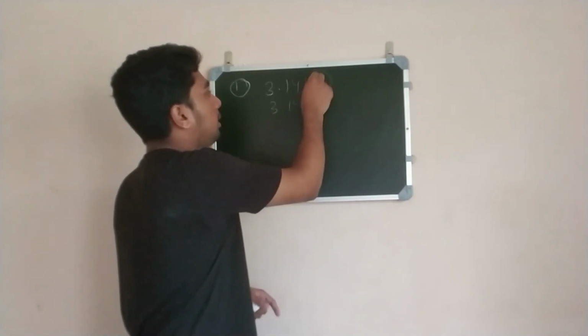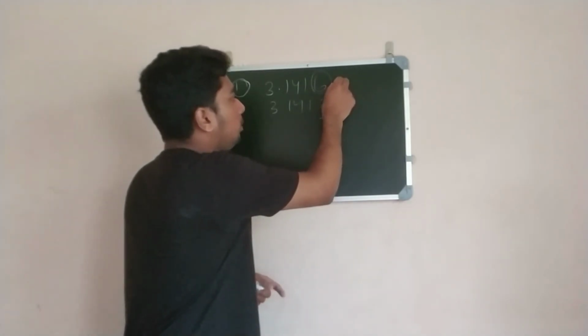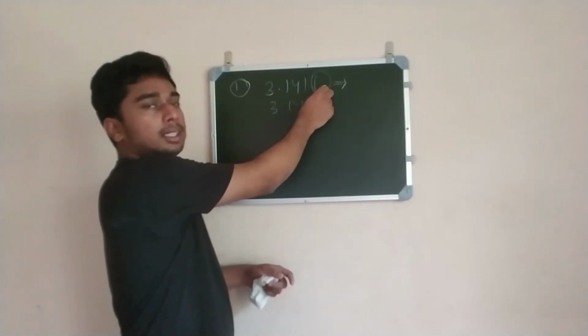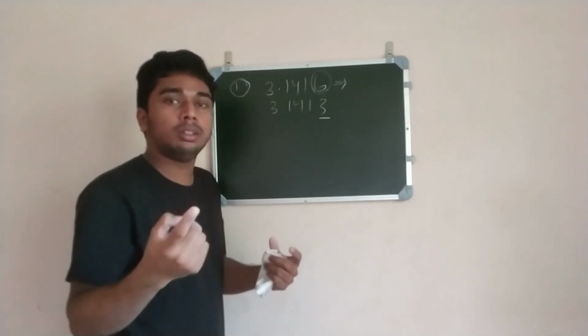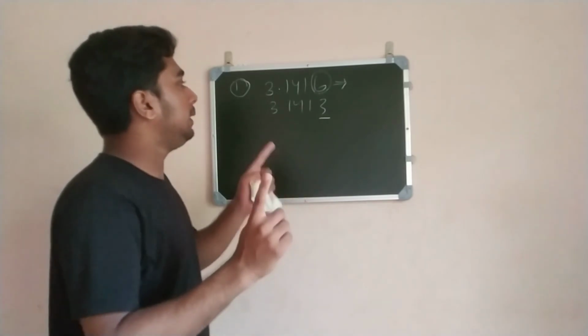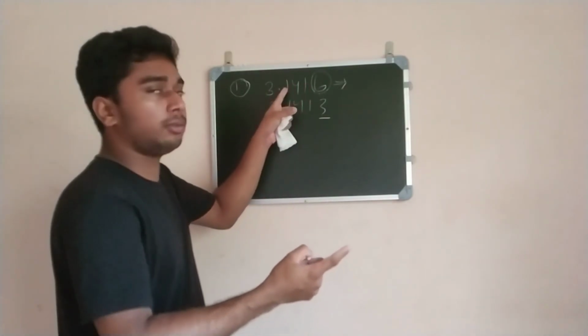First, we have to round up this part. You can see in this number that here I have 6, and obviously 6 is greater than 5. So in this case, I will add 1 to the previous digit.